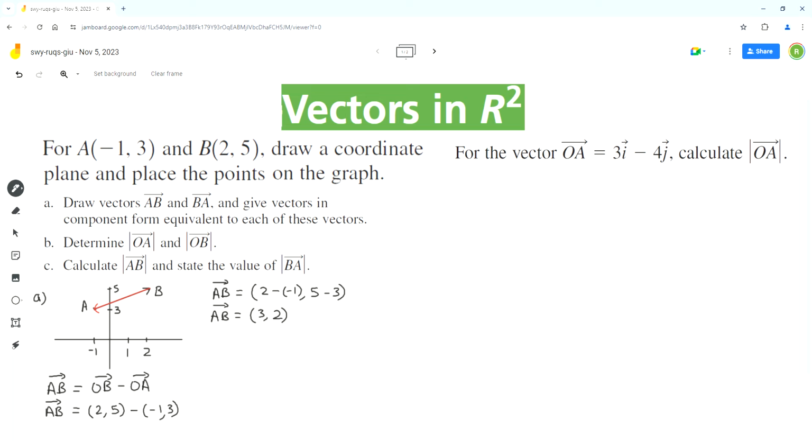Now we can calculate vector BA. So we'll break up vector BA into its position vectors. And the position vectors for A and B are the given points.